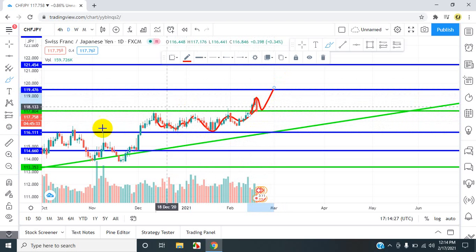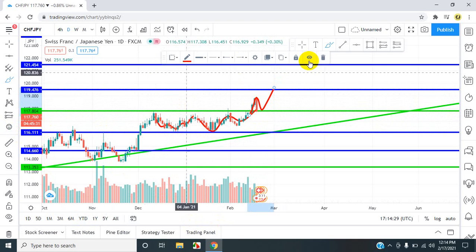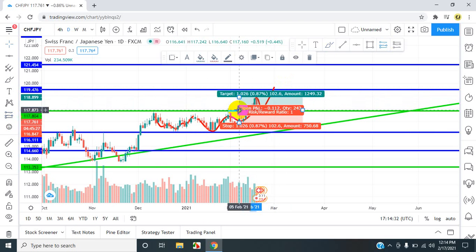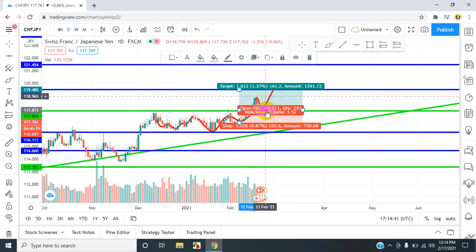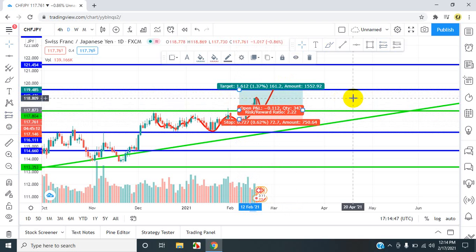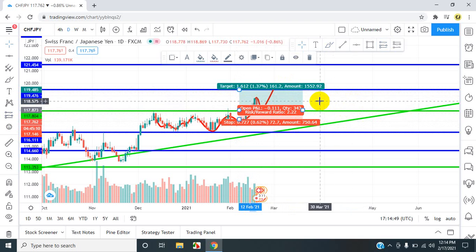So from here to there, that will give us an estimate of about 161 pips on the way up.